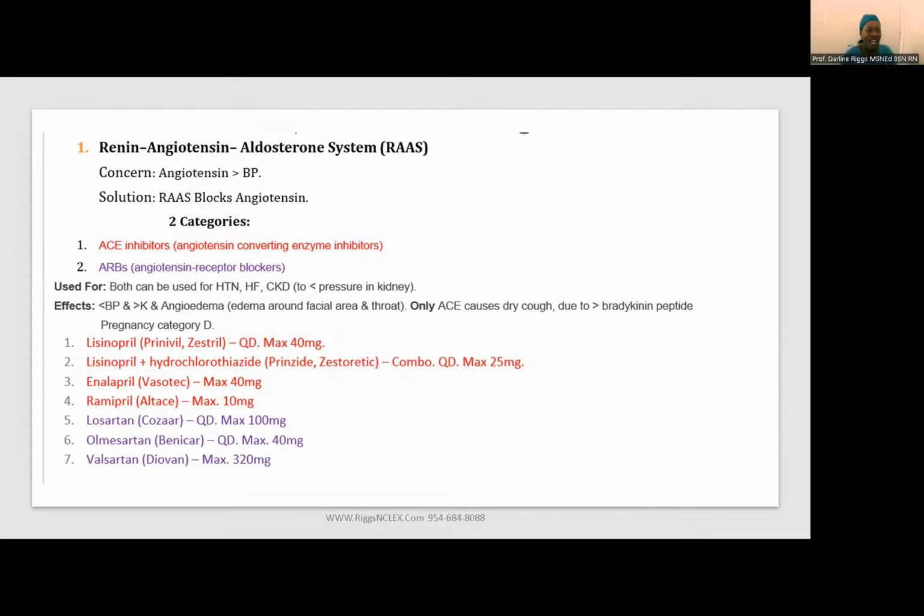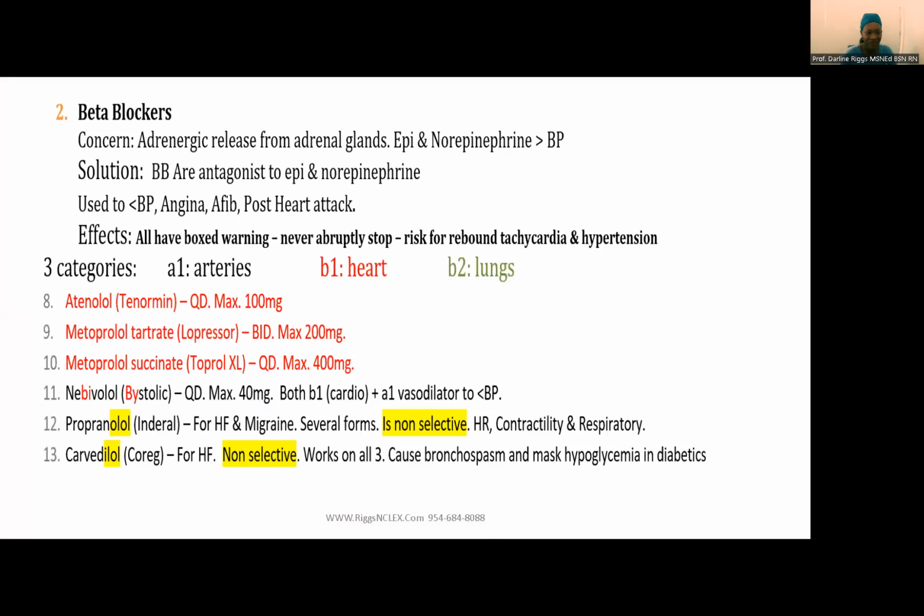All right, so now let's go to the beta blockers. Okay, nice family of drugs. So let's go over another way your blood pressure goes up, okay? Another way clients end up hypertensive is due to release of adrenergics from the adrenal glands that sit on top of the kidneys, right?